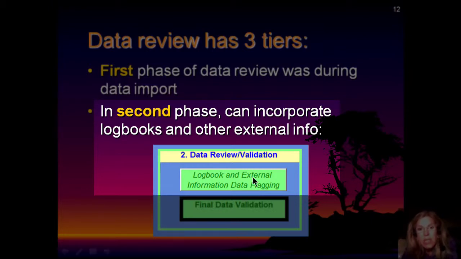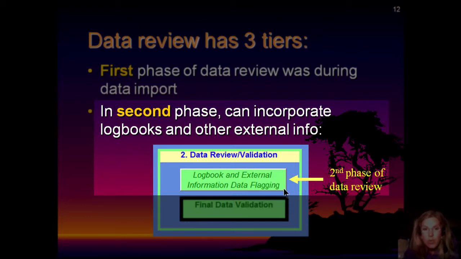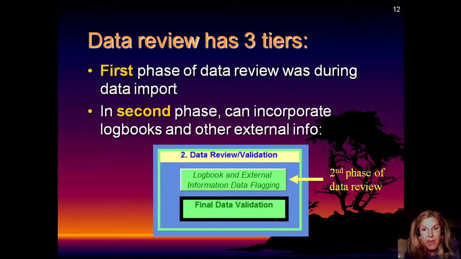So that would be the second phase where you're looking at something in your logbook later after you did the import that you want to assign flags because you remember that a bird built a nest in the Met Tower and you hadn't invalidated the hour that it took you to fix that. So that's the second phase of data review.